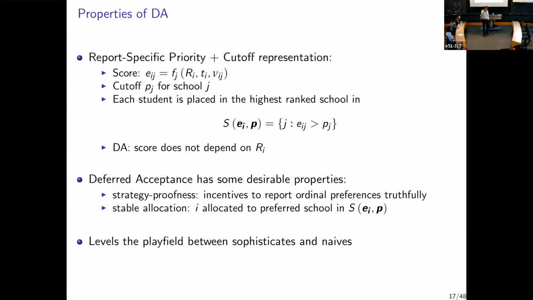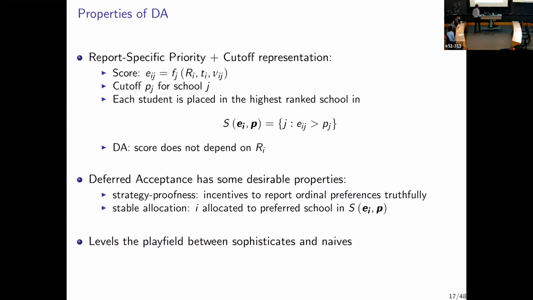So even if you don't see the whole report of preferences, you're going to be able to calculate what schools were in each student's budget set, because you can compute the score of each individual for each school, and you know the cutoff, because you will know the lowest priority score of someone that was actually admitted to this particular school.